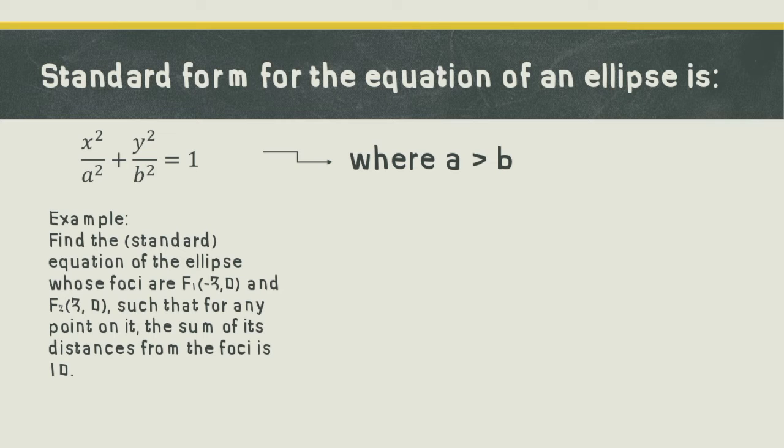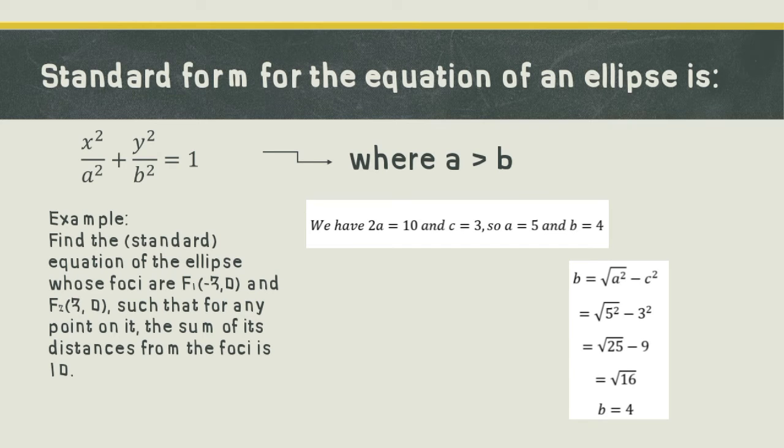Example, find the standard equation of the ellipse as foci are f sub 1, -3, 0, and f sub 2, +3, 0, such that for any point on it, the sum of its distances from the foci is 10. For any point on the ellipse, the sum of its distances from the foci is 2a. So, 2a is 10 and c is 3.